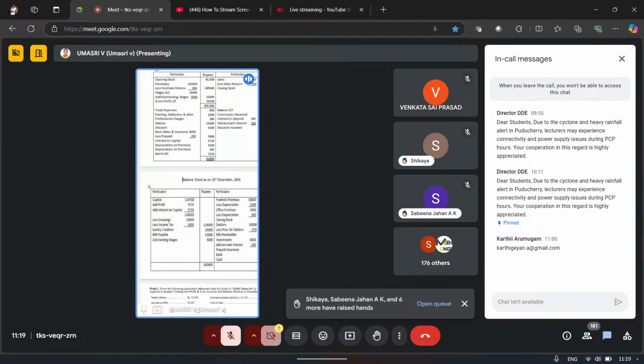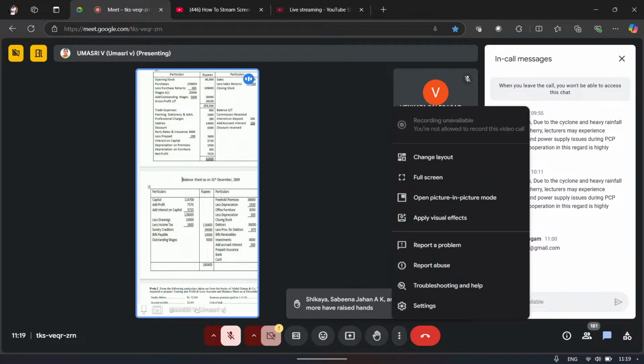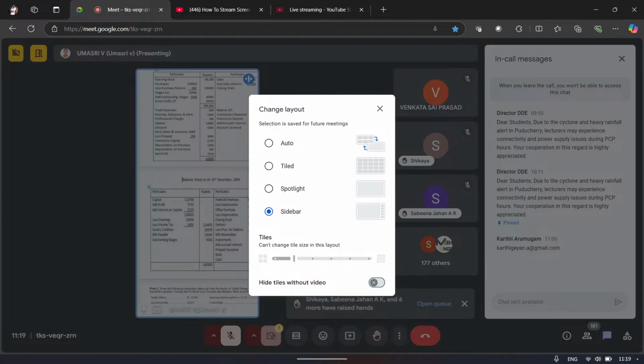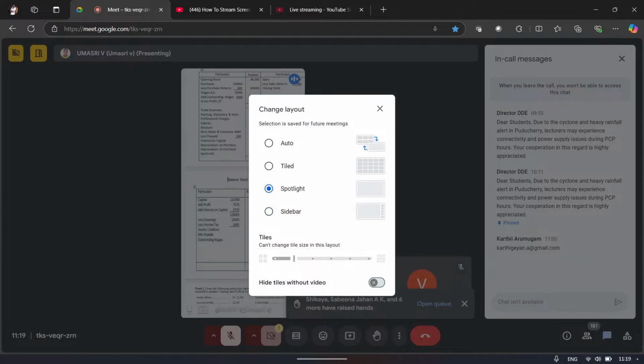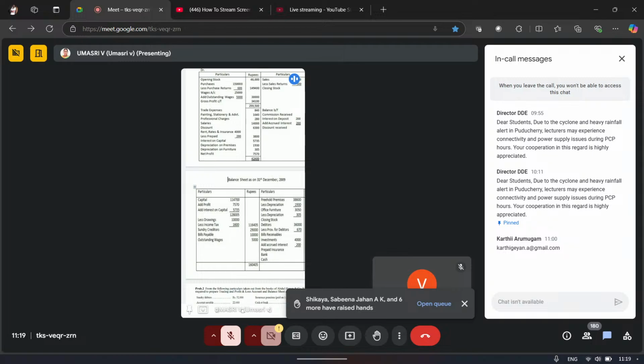Interest on drawings, if it is there, you have to deduct. Interest on capital, already written in the profit and loss account, 5,735, you have to add. So total 1,28,005, less drawings, less interest on drawings if there is any, and less income tax, you have to deduct.